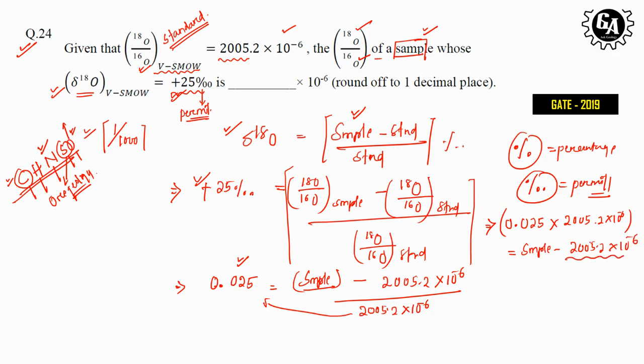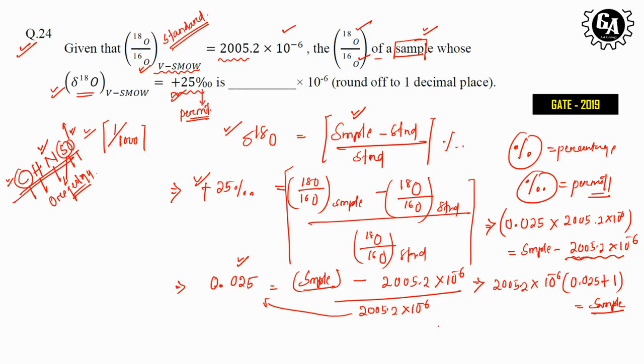This is a negative term, and when it comes to this side it becomes positive. Taking 2005.2 into 10 to the power minus 6 as common, we get 0.025 plus 1 is equal to the sample.